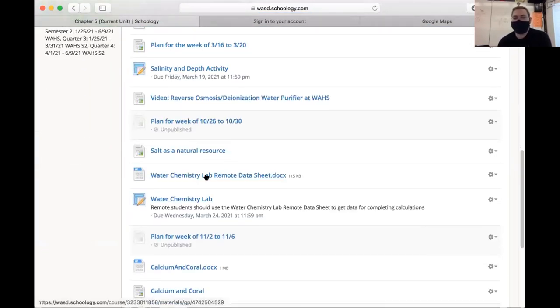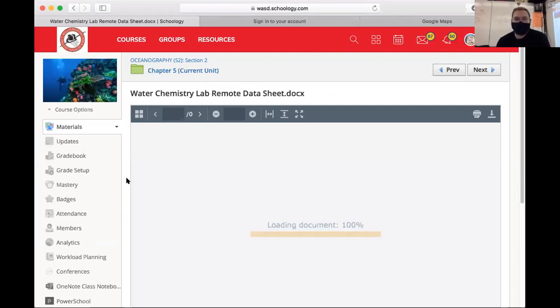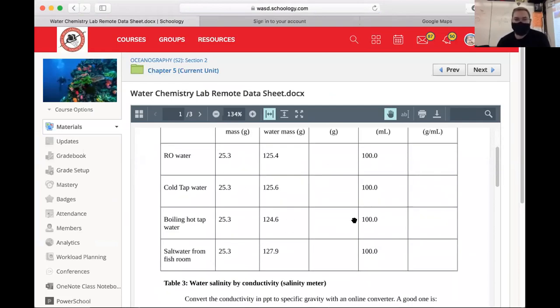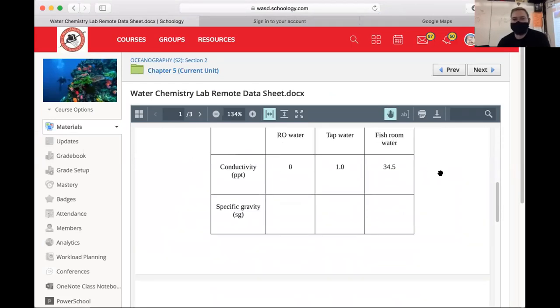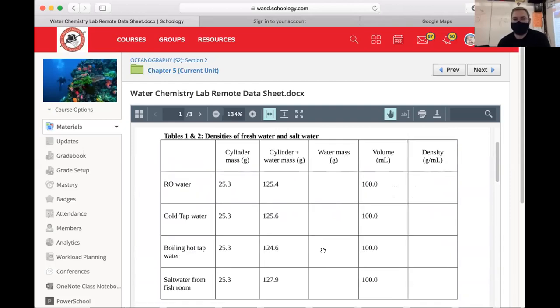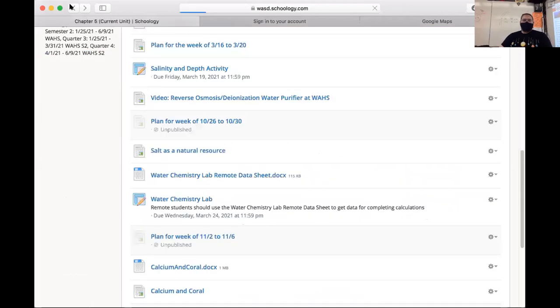So where it says water chemistry lab remote data sheet, this has sample data that came from students from the fall who did it in person. And so there's sample data, and then you still have to do the math to do the rest of the work. Anyway, here there's a data table that's similar to the bottom of the first page for remote students, because I can't send home chemicals and lab equipment and stuff.